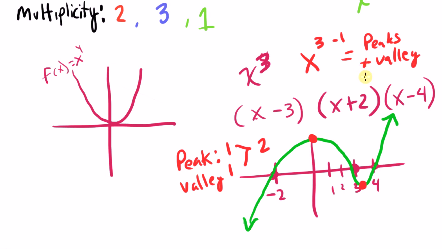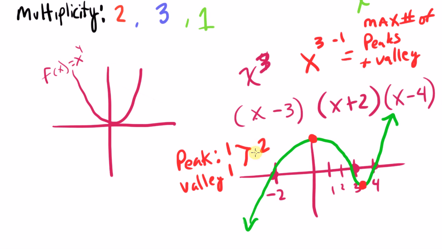The max number of peaks and valleys. Yeah, let's say that. I think it's intuitive, but it's only going to be intuitive once you get a little further along in mathematics. That'll make a whole lot of sense, but it'll also make a whole lot of not sense.